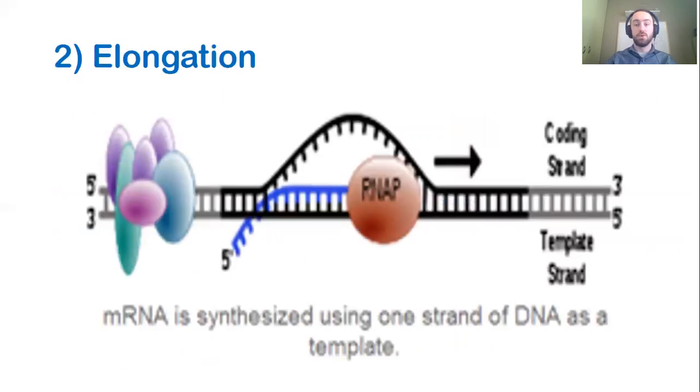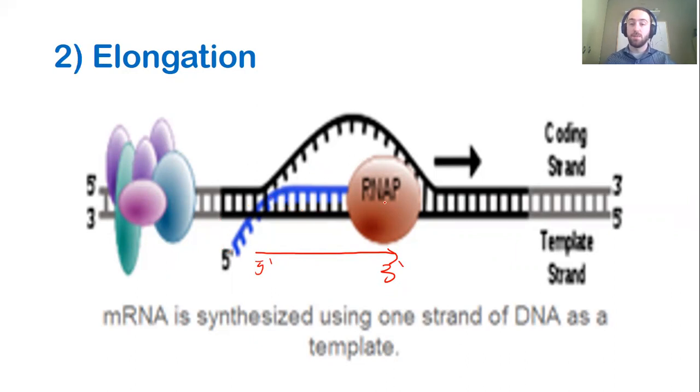So step 2: once RNA polymerase is bound to the DNA, it's going to start forming base pairs in the 5' to 3' direction. Now, if we remember, our DNA strands run anti-parallel to each other.